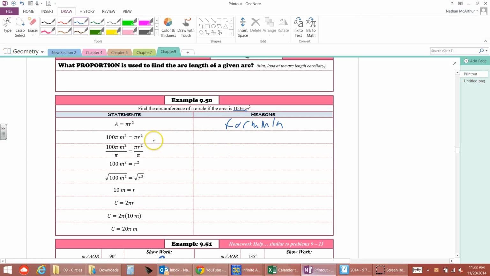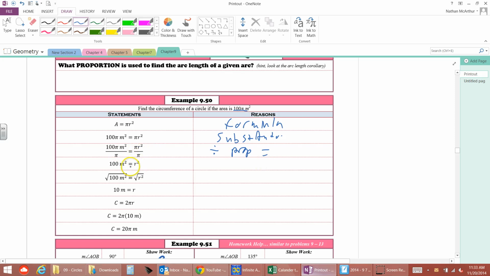100 pi meters squared. So I set this up. This is my substitution. Now I'm going to solve for my radius. So I divide pi to both sides. Usually we say division property of equality, because I can divide both sides by pi.